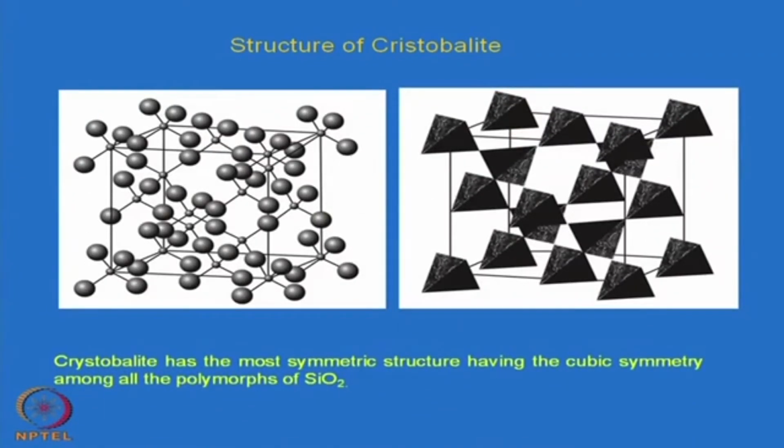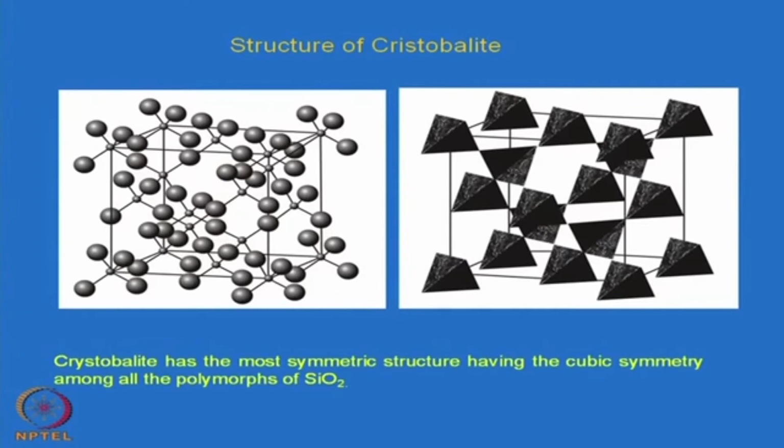This is the crystalline structure. Crystalline has the most symmetric structure. As you can see, it is available at the highest temperature, and normally the higher the temperature of stability of a phase, the more symmetric its structure is compared to the lower temperature phases.